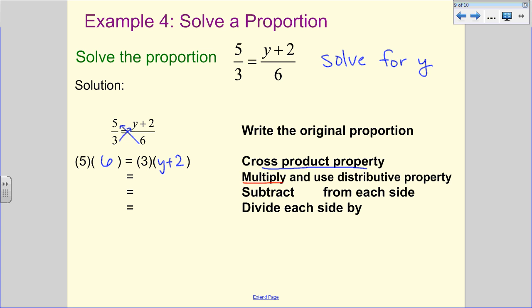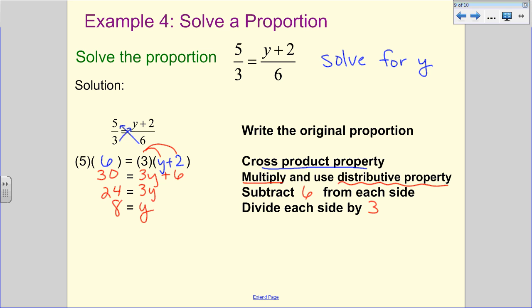So we're going to do 5 times 6 is 30. But we also want to remember that we're distributing here. So we're going to do 3 times y, which is 3y, and then 3 times 2, which is going to give me this plus 6. I have to subtract 6 from each side to start isolating for y. So I get 24 is equal to 3y, and then I'm going to divide each side by 3. So I get 8 is equal to y.